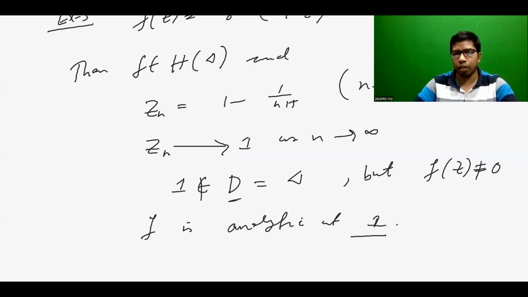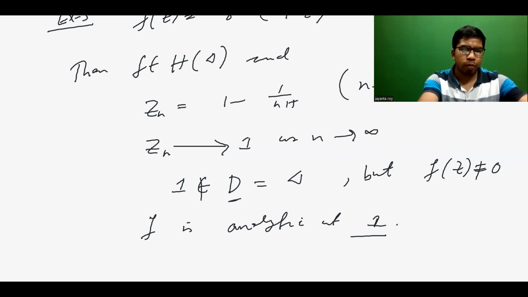This is the reason that the set of all zeros has a limit point, but f is not identically equal to 0.